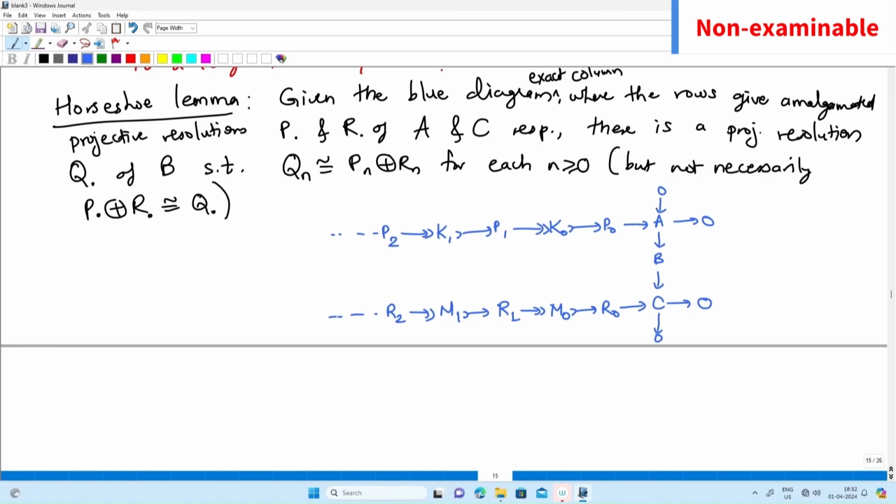So given this blue diagram, we can complete it to a diagram. The vertical maps are the obvious things, I'm going to draw them in the obvious way. So projective modules, everything is nice. So this is P0 direct sum R0. What is the map here, P0 to P0 direct sum R0?